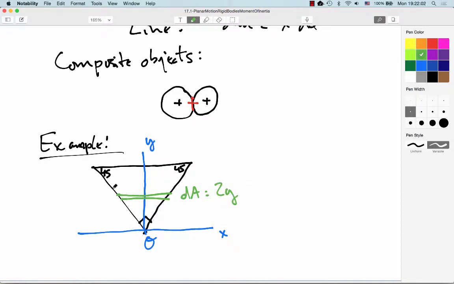And it's of height dy. So it's 2y dy. Alright. So from the symmetry of all this, the x-coordinate of the center of mass is 0.